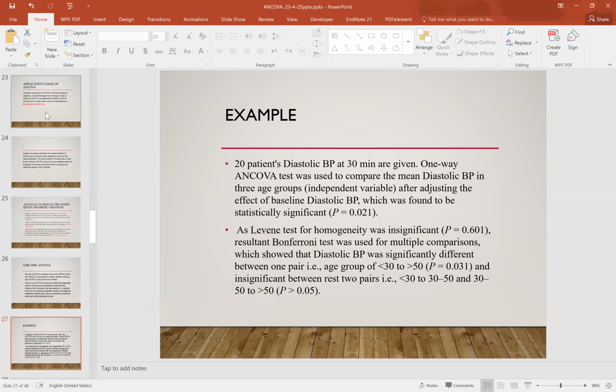Example: this chart shows different students using different aesthetic techniques, and they collect the current beauty scores before using the aesthetic technique, and then after using the technique they collect the score again.